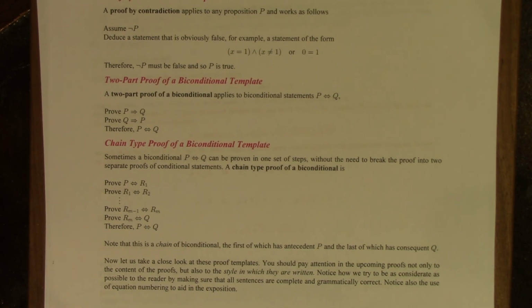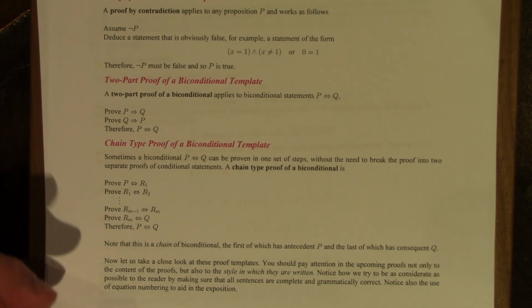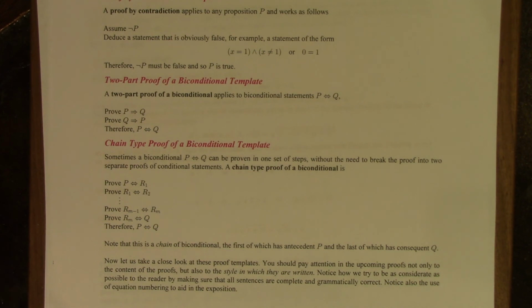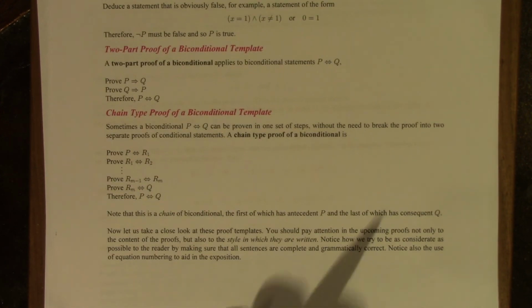And once that proof is completed, you would then write a sentence such as, now we will prove Q implies P. Now we will prove the converse, Q implies P. So you have clearly defined what you're doing. And then at the end you say that we've proven both P implies Q and Q implies P, therefore P holds if and only if Q holds.